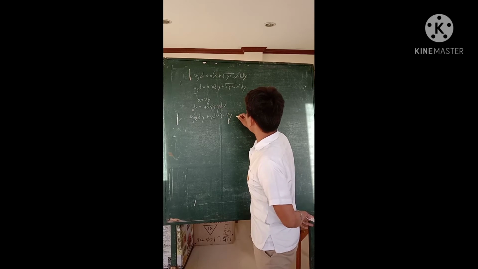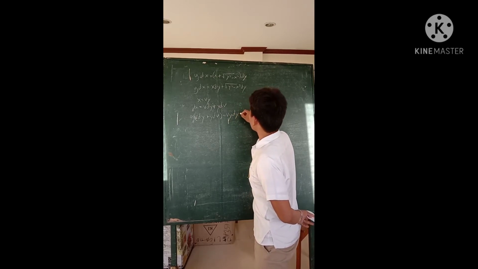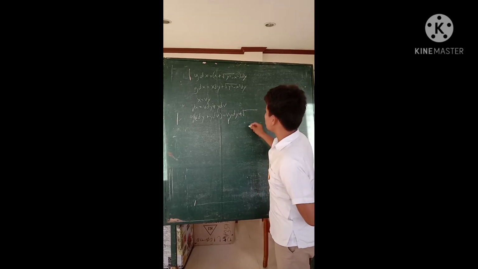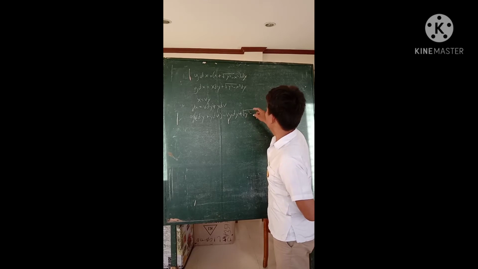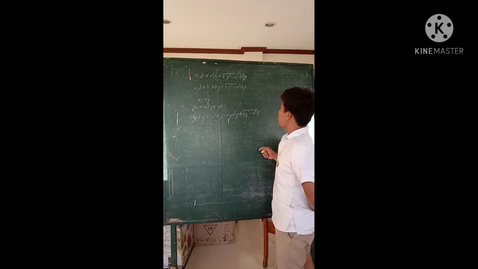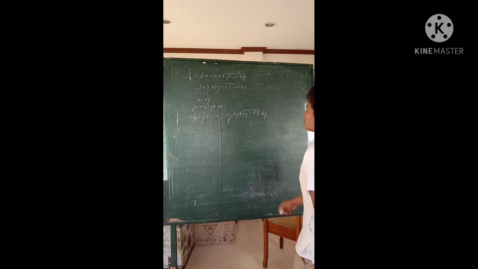So x, the value of x is vy, then dy, plus the square root of y squared minus the value of x, which is v squared y squared, dy.